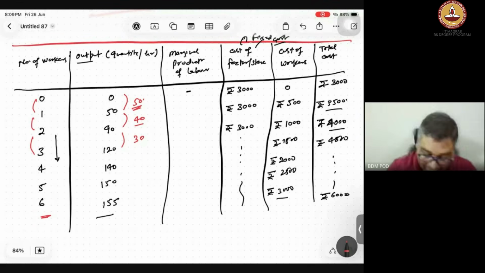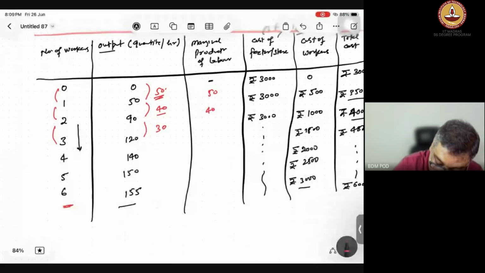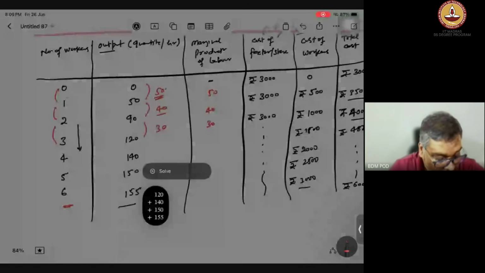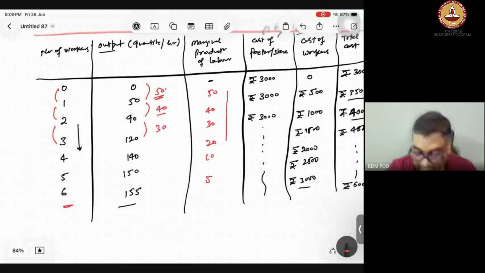Now you got the idea. From 0 to 1, it is 50. From 1 to 2, it is 40. From 2 to 3, it is 30, and then we are getting 20, 10, and 5. So you can see the marginal production of labor is going to decrease.